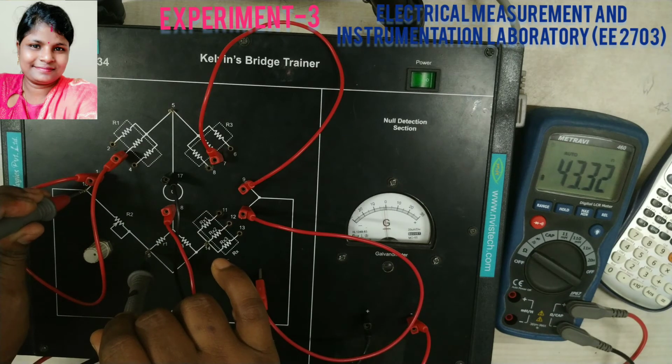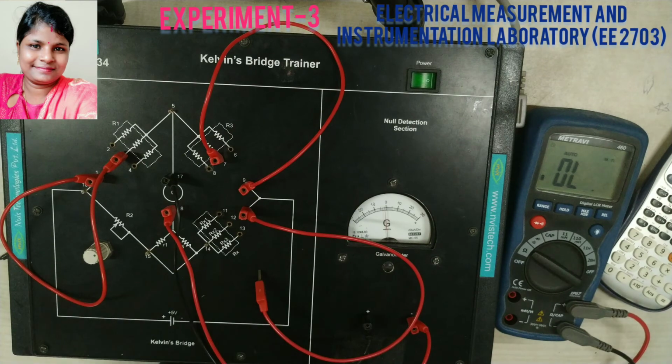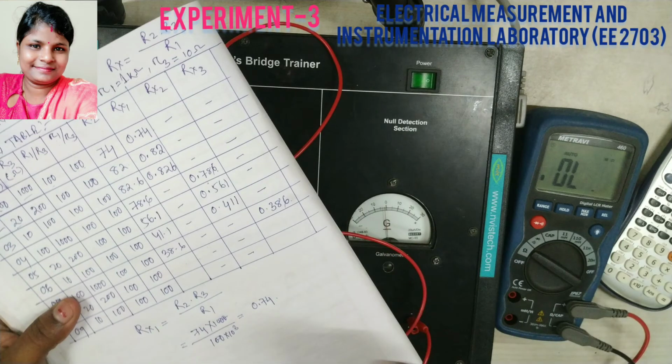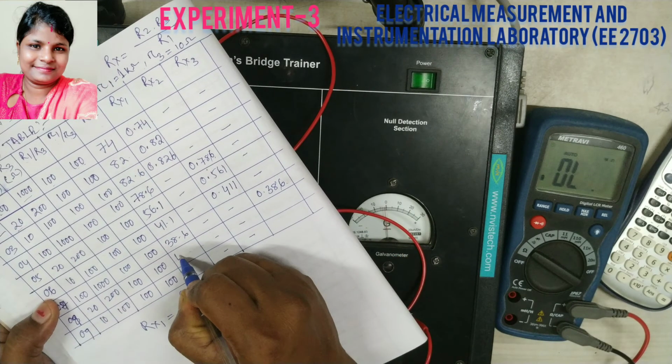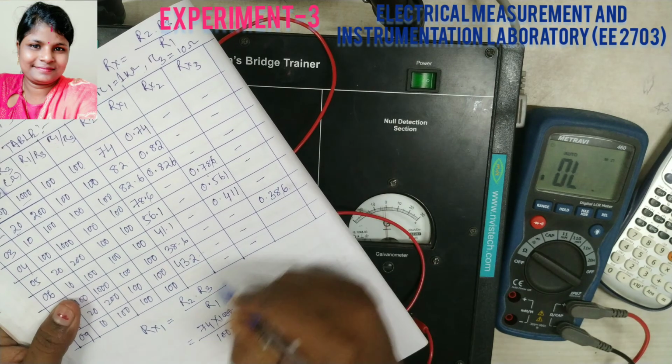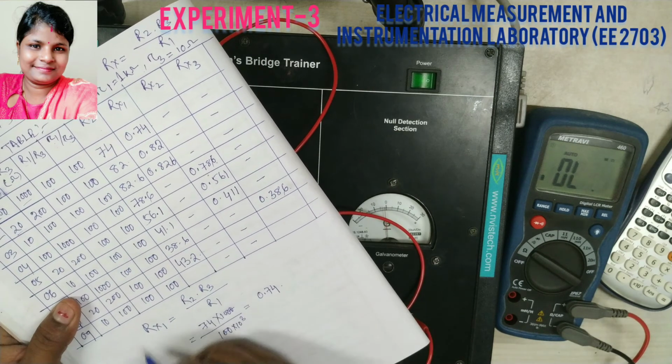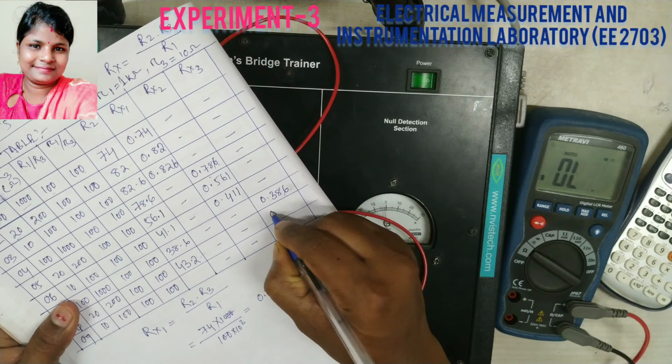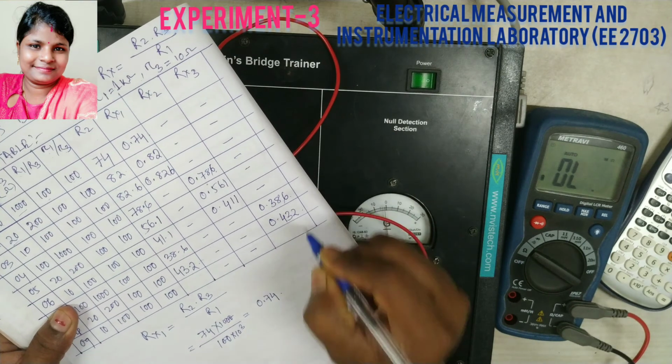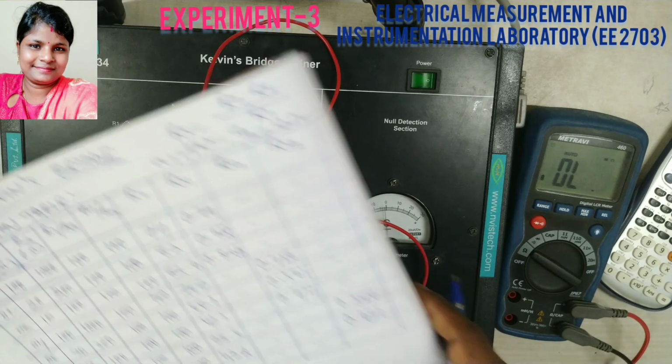The value is 43.2. So write here 43.2, and the value of Rx3 by calculating using this formula is 0.432. Let's do for the last row.